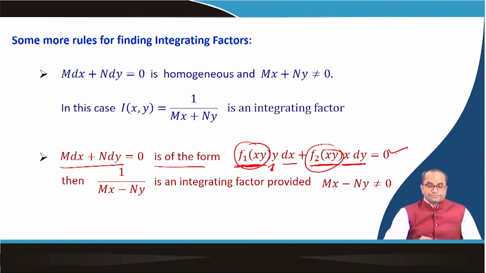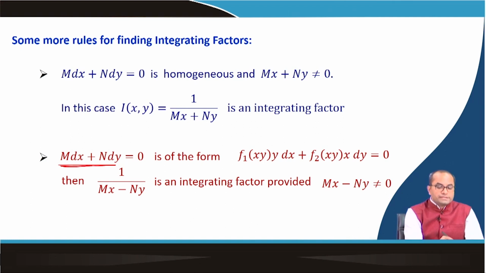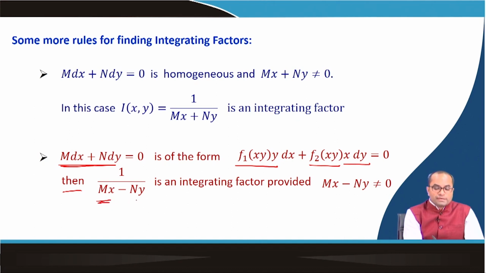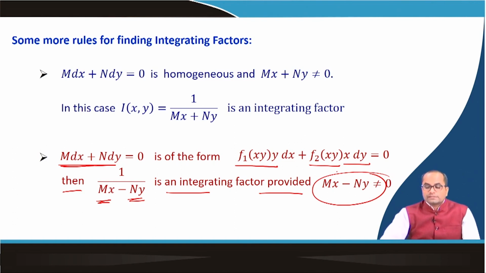So, if the given differential equation is of this form, f1(xy) y dx plus f2(xy) x dy equal to 0, in that case 1 over Mx minus Ny is an integrating factor, provided that Mx minus Ny is not equal to 0, otherwise 1 over Mx minus Ny does not make any sense.